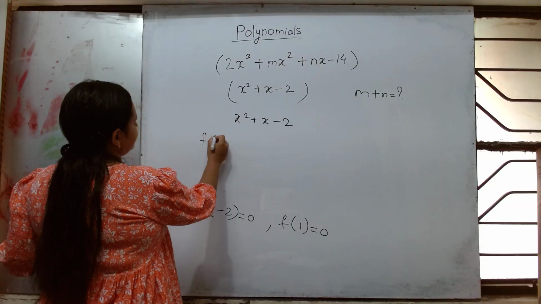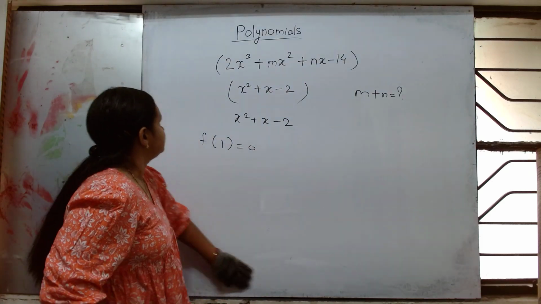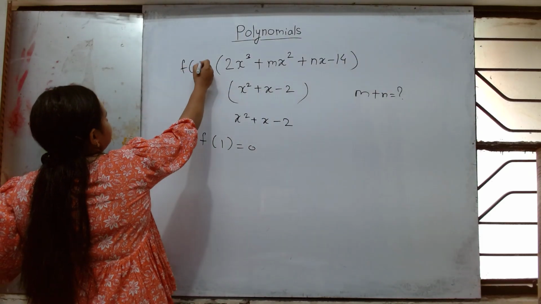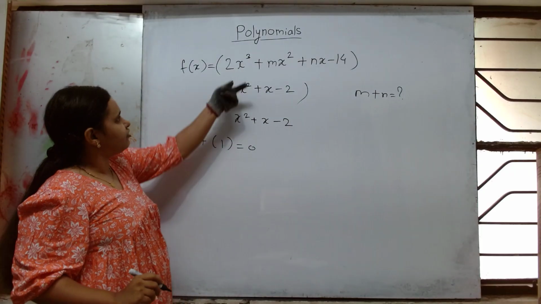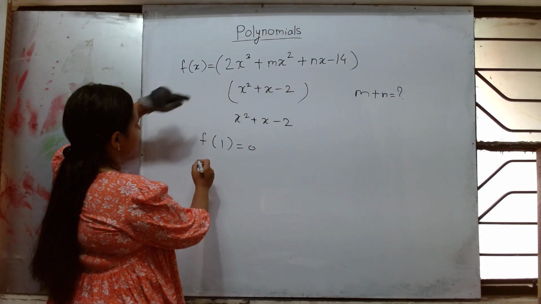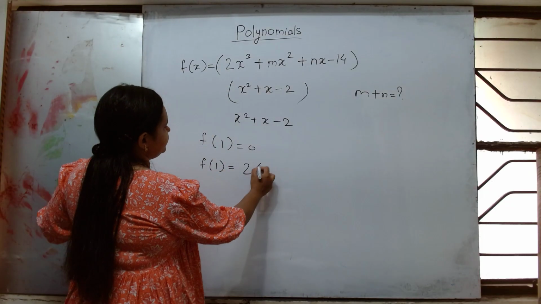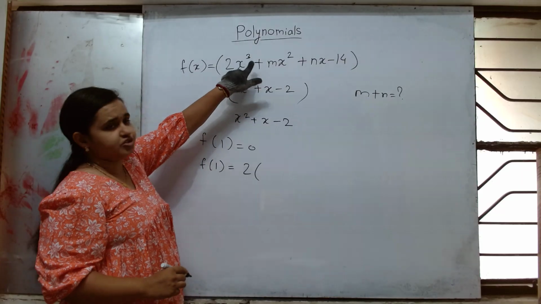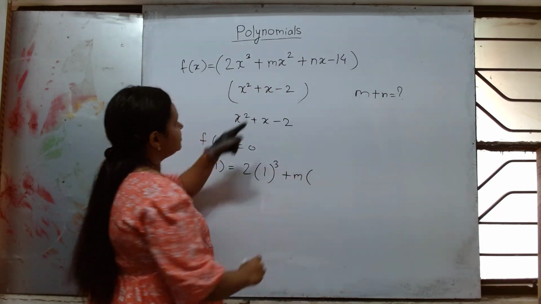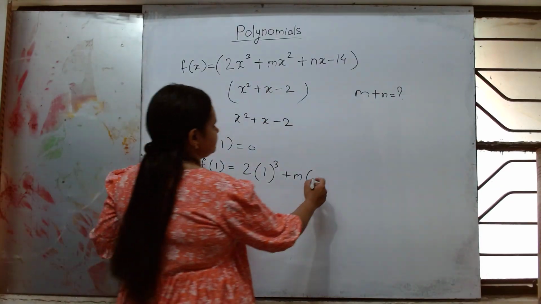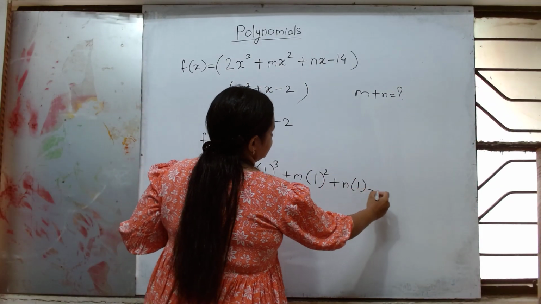So if I take f of 1 equal to 0, and if this is f of x, I put the value of x as 1. So f of 1 will be equal to 2 into 1 cube, plus m into 1 square, plus n into 1, minus 14.